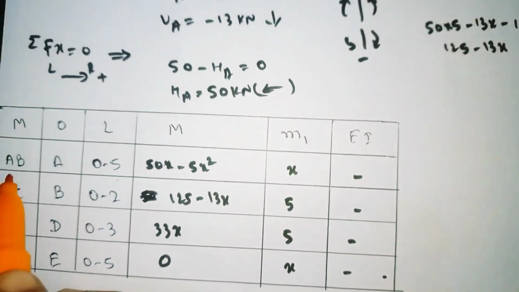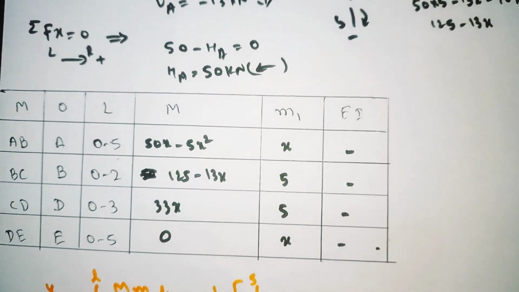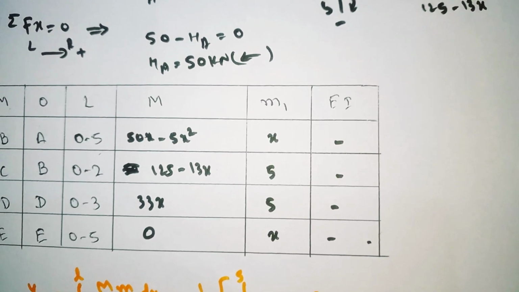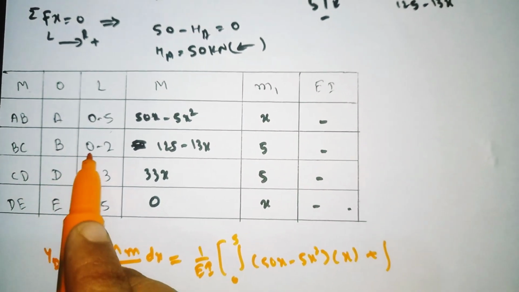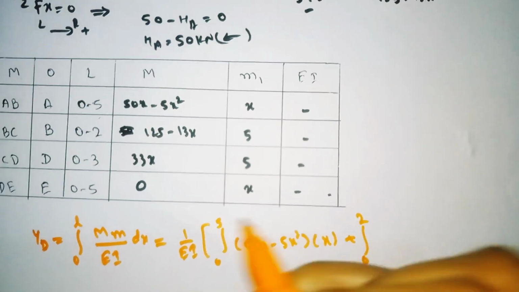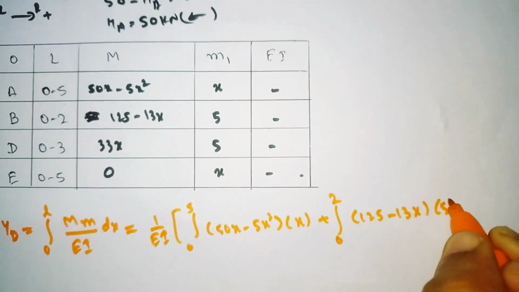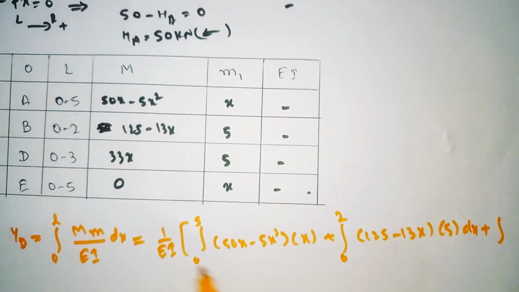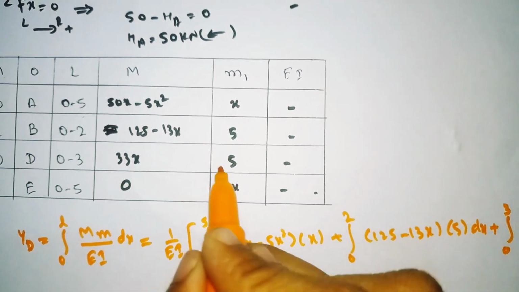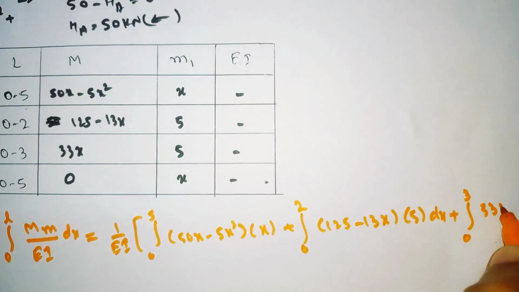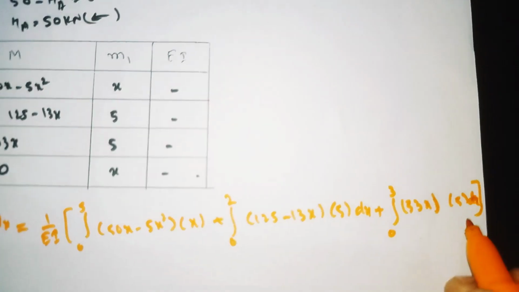So for the AB member we have the limit 0 to 5, integration of this into this: (50x minus 5x square) into x, plus integration for BC with the limit 0 to 2, this into this: (125 minus 13x) into 5 dx, plus integration for the CD member with the limit 0 to 3: 33x into 5 dx.